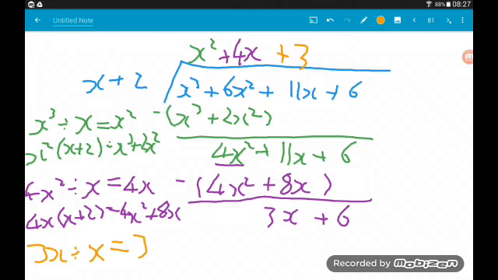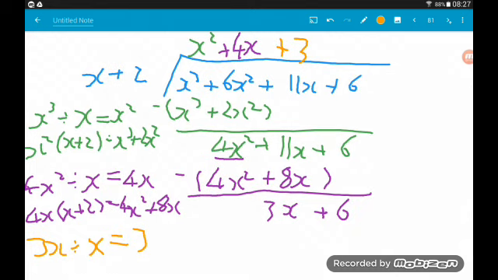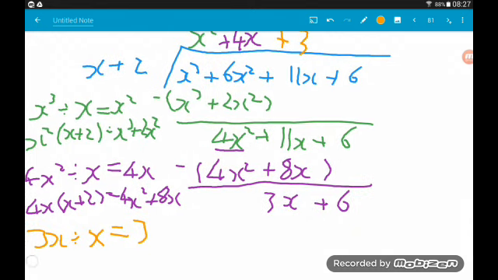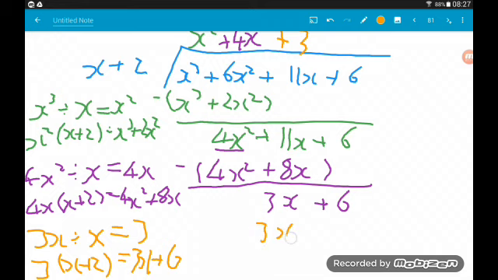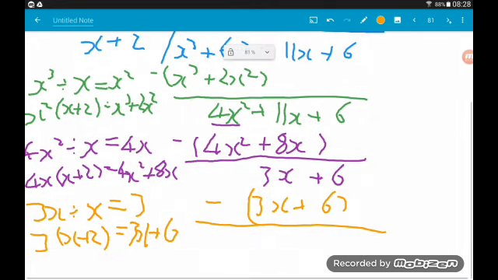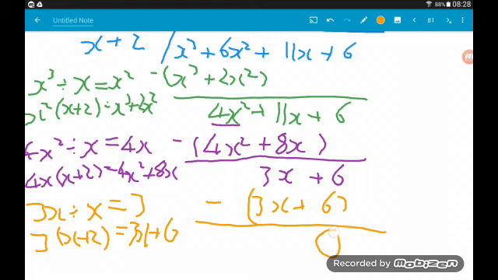So we now need to do 3 lots of x plus 2. Now that is 3x plus 6. So we write that underneath the last purple expression. So 3x plus 6. And then when we do that subtraction, we can see we get a nice tasty 0.